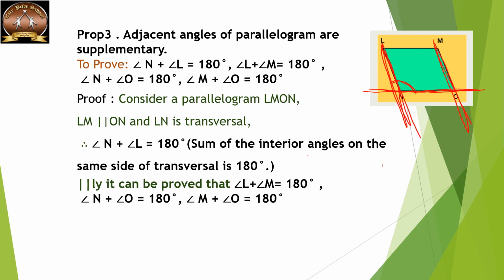So this is supplementary, angle N plus angle O. And for angle M and angle O, MO is the transversal and these are the parallel lines. So angle M plus angle O is equal to 180 degrees. So this is a very simple proof by which we can prove this property.